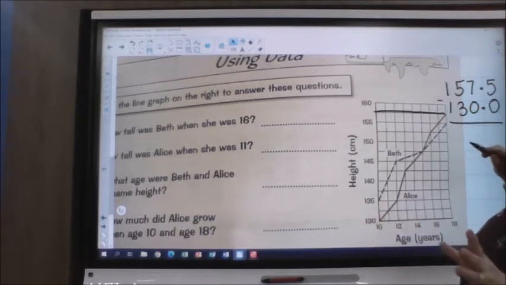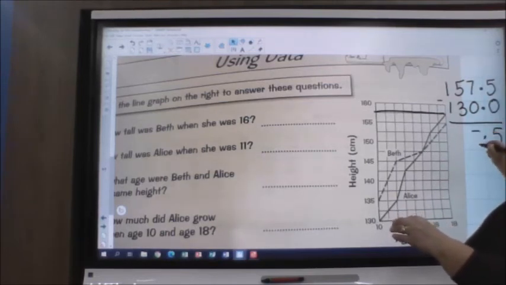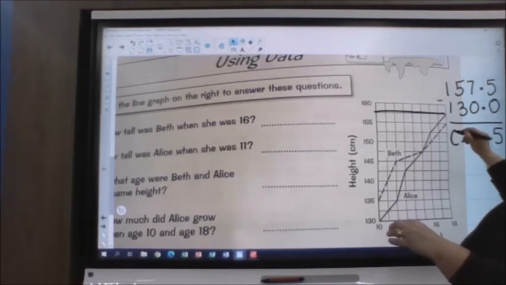So let's do our takeaway then. 5 take away 0 is 5, decimal point in. 7 take away 0 is 7. 5 take away 3 is 2. And 1 take away 1 is 0.